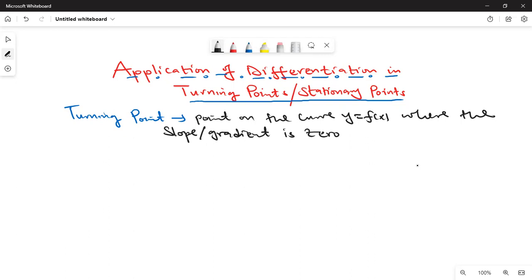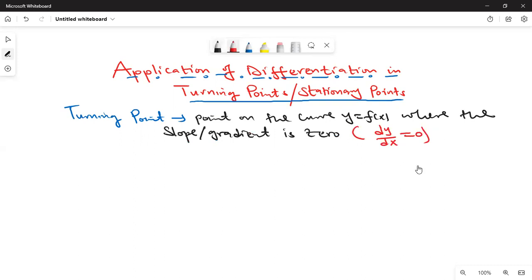That is what we call a turning point. So when you talk of the slope, it simply means that dy over dx is equal to 0 at any turning point.